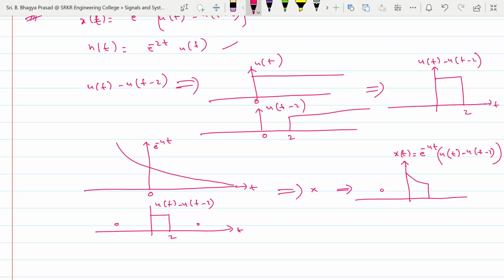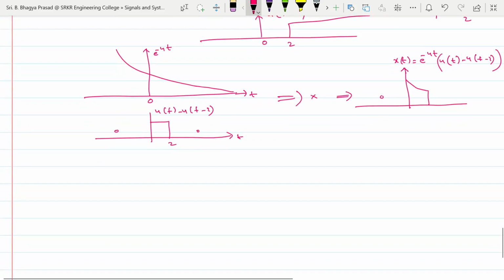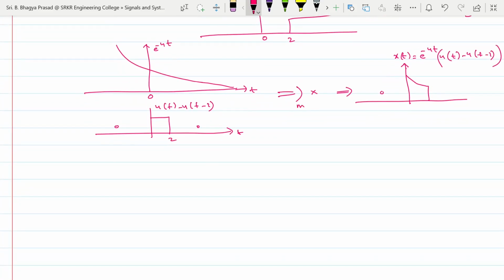So you convolve this x of t, this is multiplication, you find the convolution of this x of t and e power minus 2t.